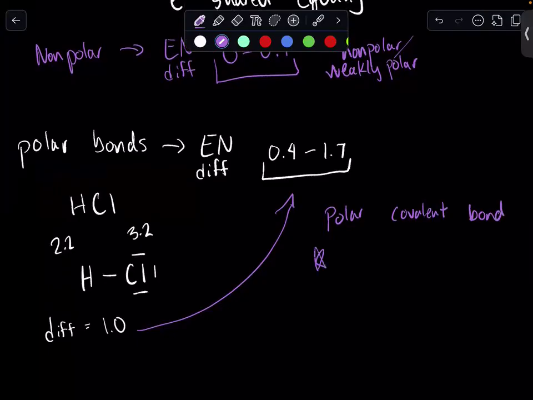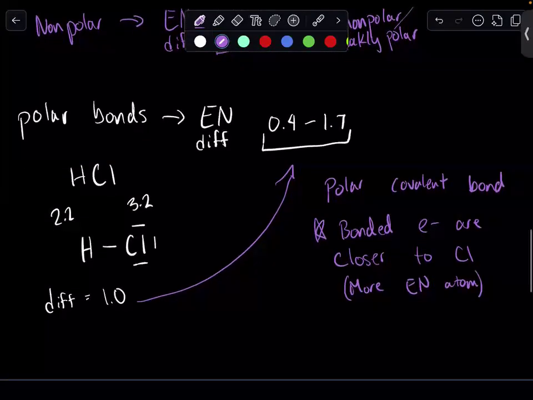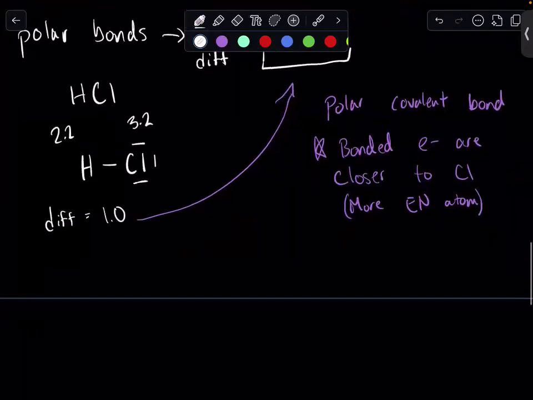And what that specifically means is that the bonded electrons are closer to chlorine. Specifically, they're closer to the more electronegative atom. So let's describe what that means for this bond as a whole.